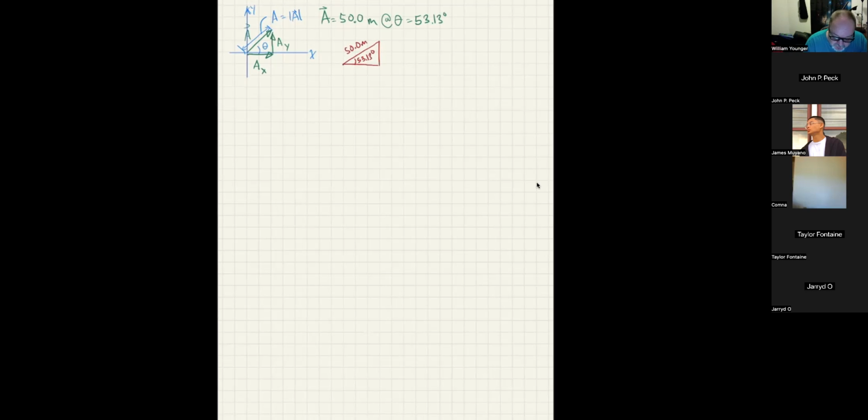But what I'm going to do is say sine of theta is equal to opposite over hypotenuse. And I see that the opposite side, of course, is A sub y, and the hypotenuse is just A. Okay. So in other words, this red triangle is supposed to represent the green one I drew a second ago. That's why it's okay to call that A_y. And this one's called A_x.